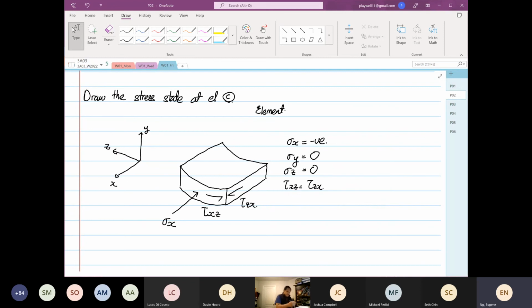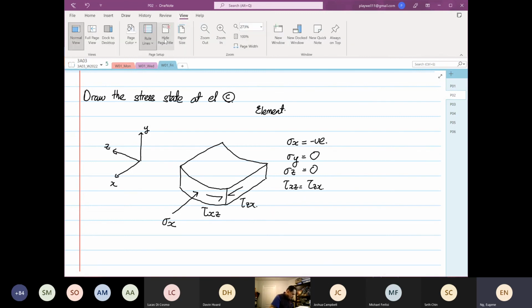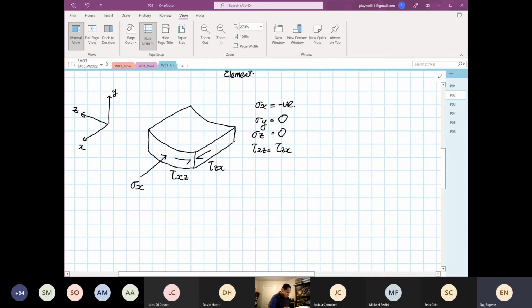For this case we realize that this is not a 2D problem. This is a 3D problem, so I'm going to briefly do a 3D Mohr circle for you. I'm going to orientate my elements in such a way that you could recognize it.